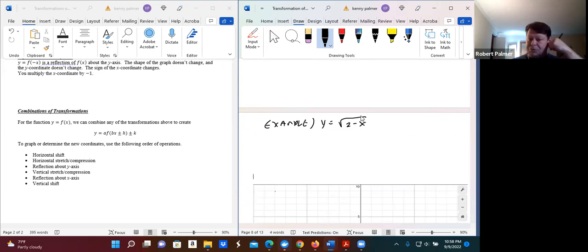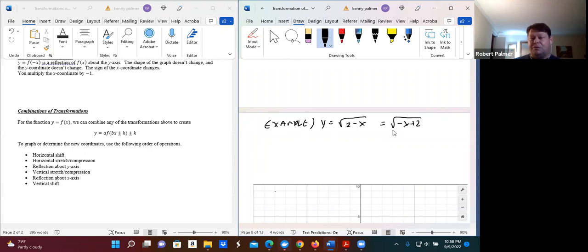Now, let's actually rewrite that. It might help to write it this way first, as negative x plus 2, just to put it more in the form of this. Okay. Now, let's see what we have.